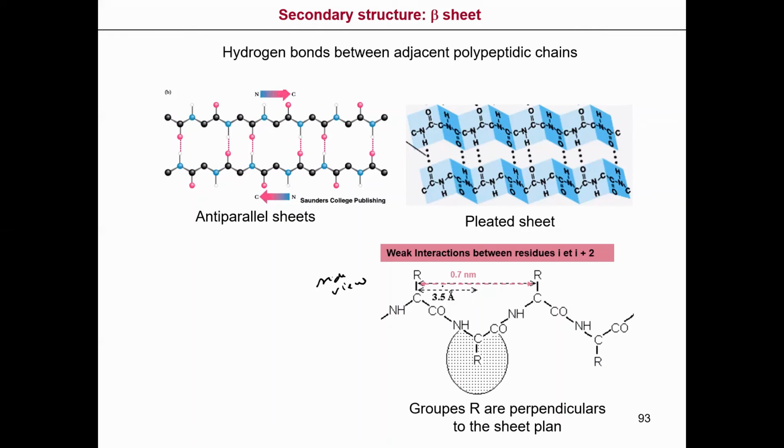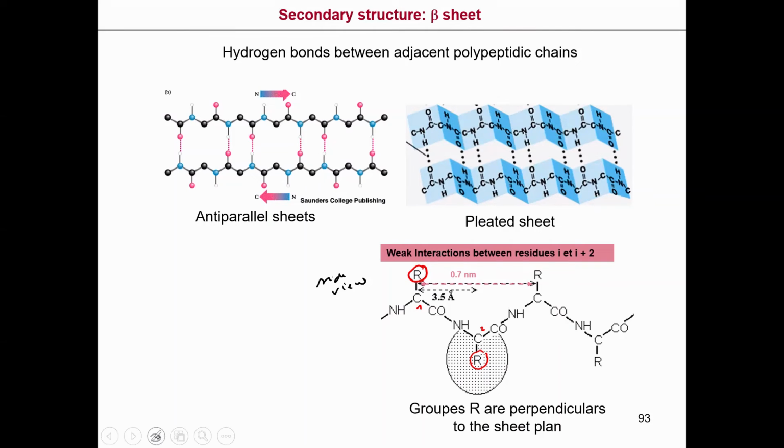So in the side view of the chain, what do you have? You have the side chain of the first amino acid here. And for the second amino acid, the side chain is on the other side of the plane.